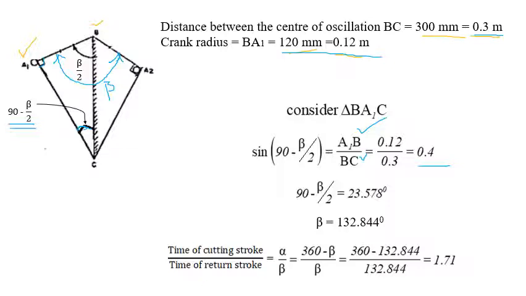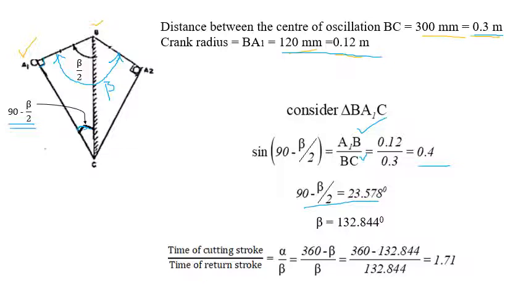The inverse sine of 0.4 is 23.578 degrees. Since I want beta, beta can be easily calculated using this equation. So beta becomes, after simplification, 132.844 degrees. Now we are going to find the time ratio, that is the time of cutting stroke to the time of return stroke, so that is alpha by beta.